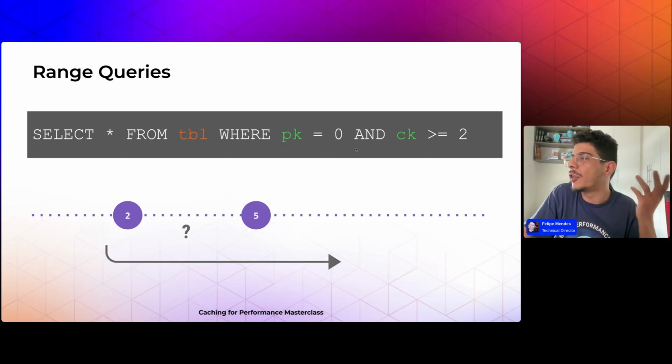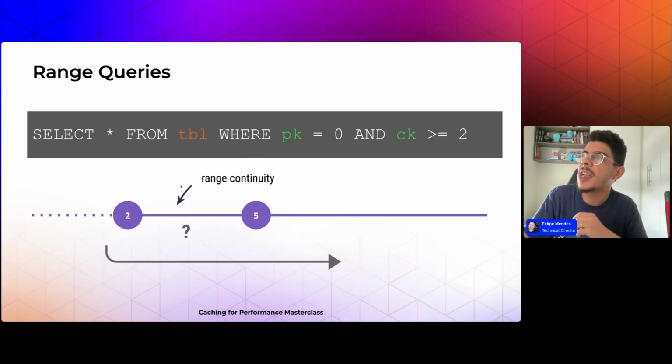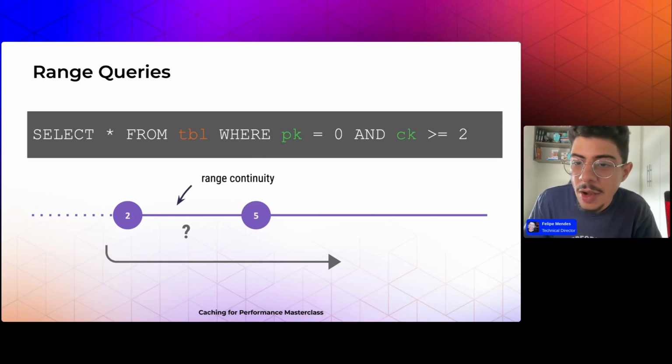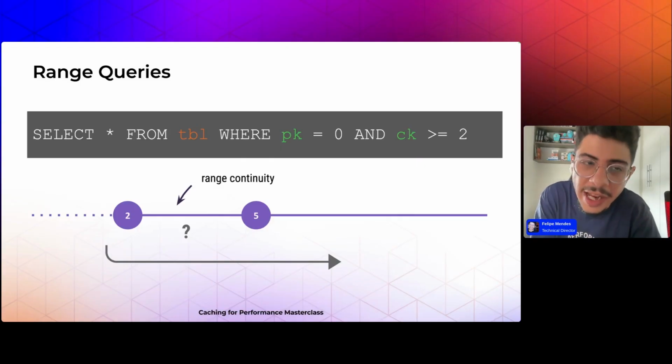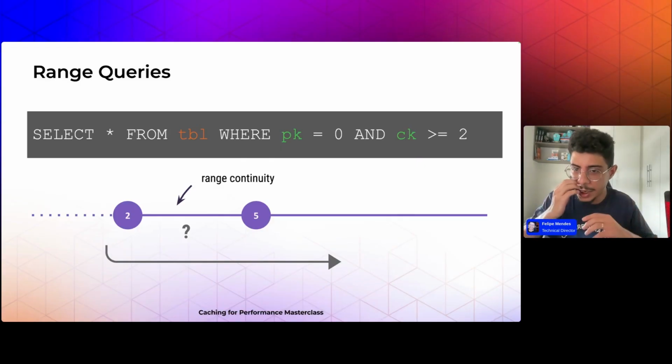Because if you look into the query here, the query is asking for everything larger than 2. How do we know whether we hold the entire range in memory or not? So ScyllaDB's cache is designed to handle this case. We store information about what we call range continuity, indicating that if a given range in the cache is complete, there's no need for us to go to the disk and check whether we have additional data.